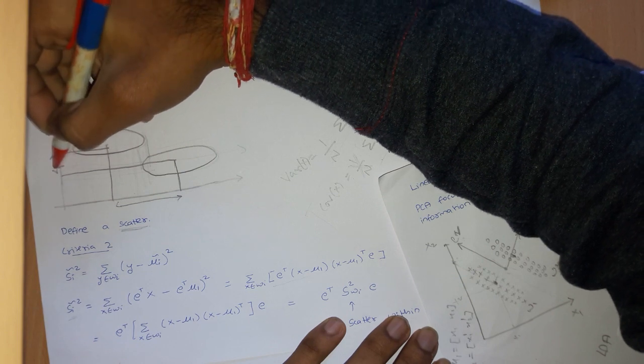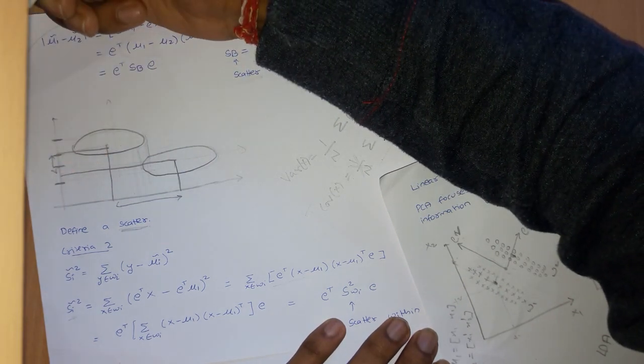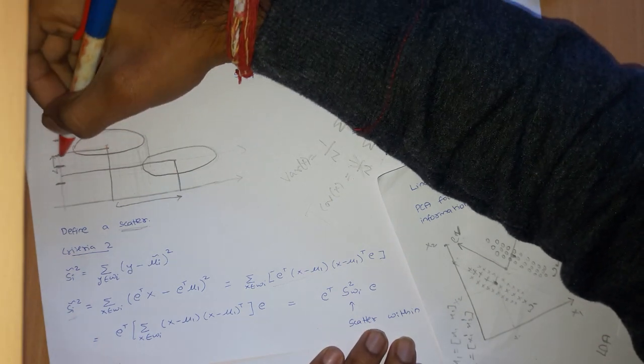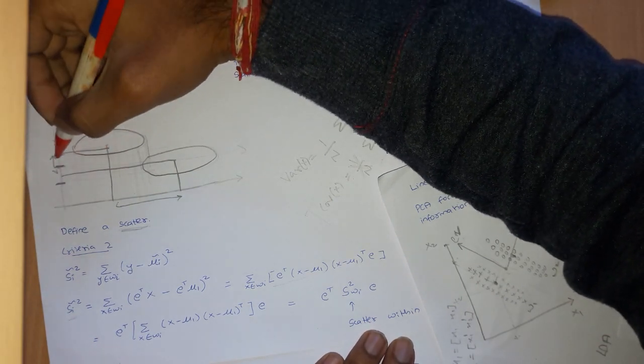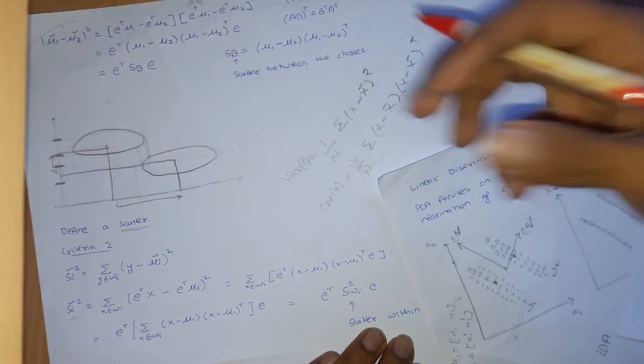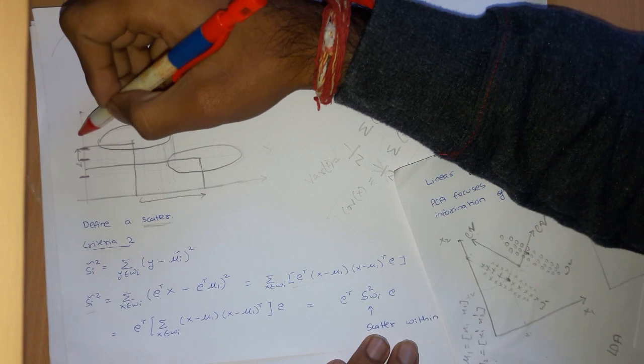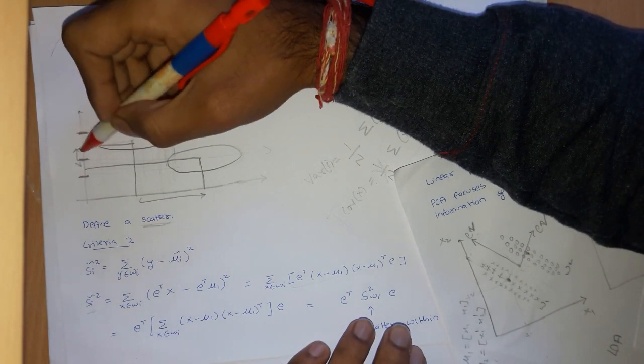Also, let us use a different word. Let us use scatter over here, because I'm not going to use variance over here. We'll see the difference between a scatter and a variance in some other video. So for now, let us go with this.